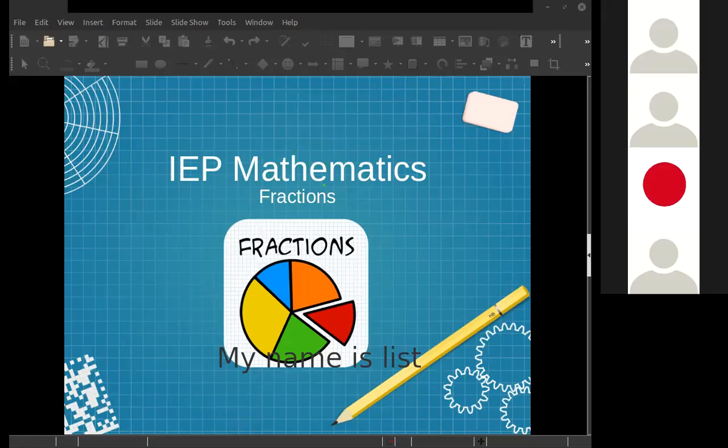So user is Bayok. Name, my name is list. Ah, okay. So Bayok is list now. Okay. List is Bayok. Bayok is list, but still I don't know who's the user. Okay, not a problem. We will not go back. It's now on this subject. I screenshot already. Then I can put the names in there after.